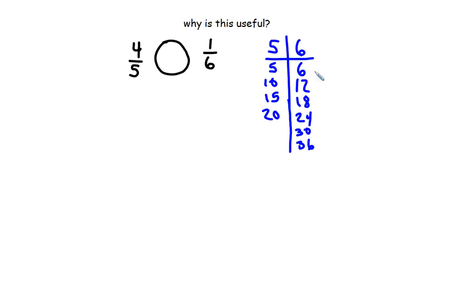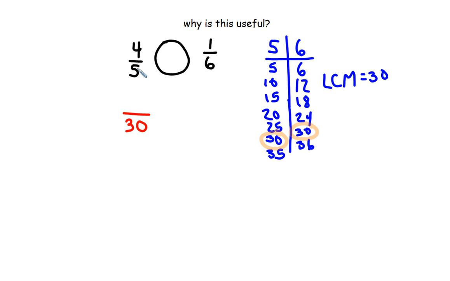I'm going to jump over to this because I have nothing in common yet. So 25, 30, 35. And you've probably already seen it. We have a common multiple, and that is the number 30. So that is now my LCM. So LCM equals 30.